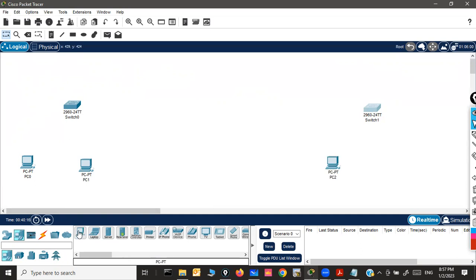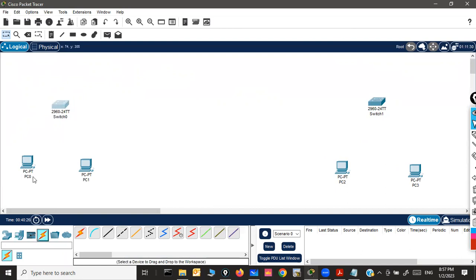I don't want to make things very complex. Let's keep it simple. So there are two machines here, location A and location B. So a LAN network is very straightforward. Just take a cable, click here, again take a cable, and done. And here again, another network and done.